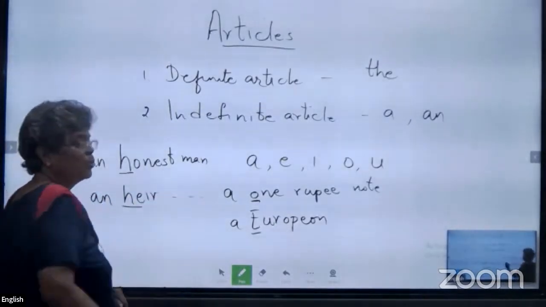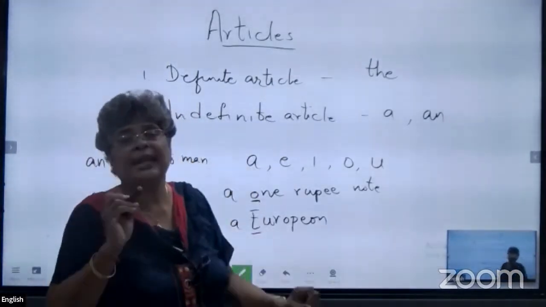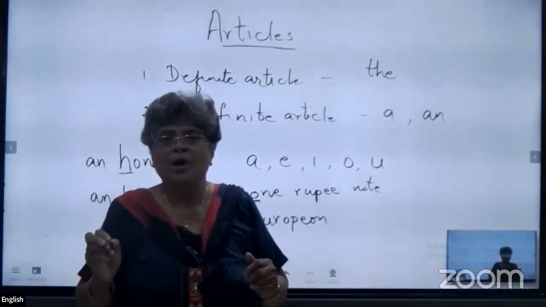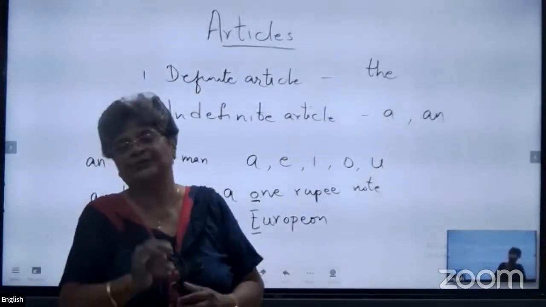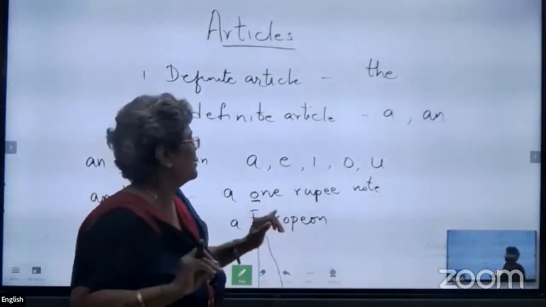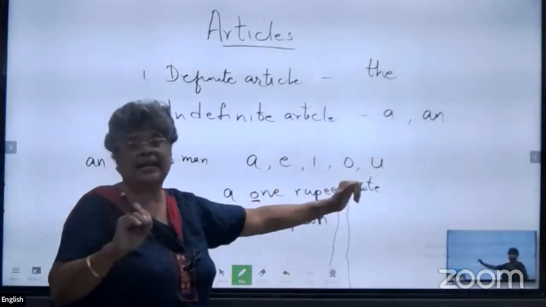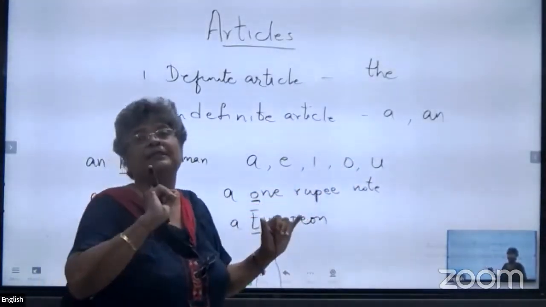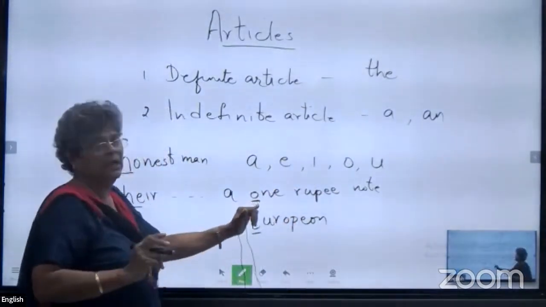Okay. When we say vowels, it's not the letters A, E, I, O, U, but the sound of A, E, I, O, U. This is the common mistake made by the children. You should remember it is not before the letter, but the sound of A, E, I, O, U.